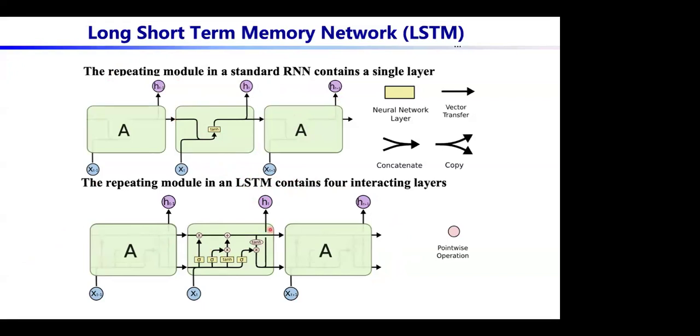We know that we can easily get a long memory if we allow the information of the first node, or the first time step, to go straight to the next one, and then go straight again. If it is a straight type of information, it can be memorized for as long as you like, if there's no other influence.